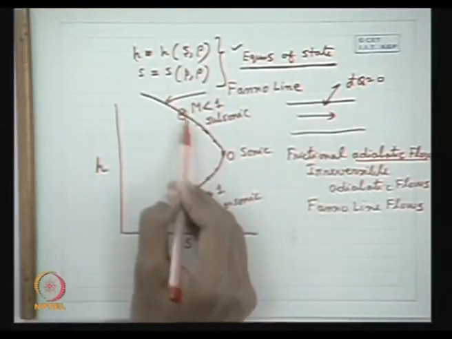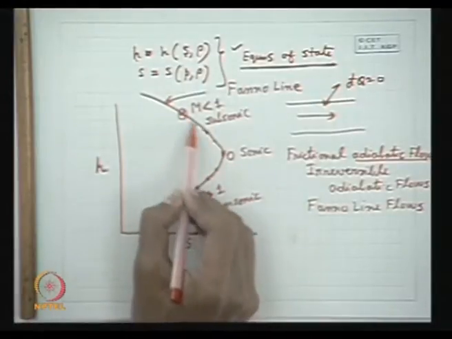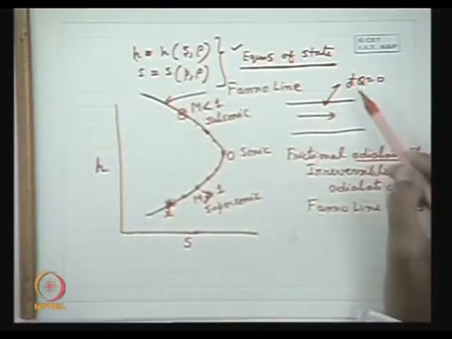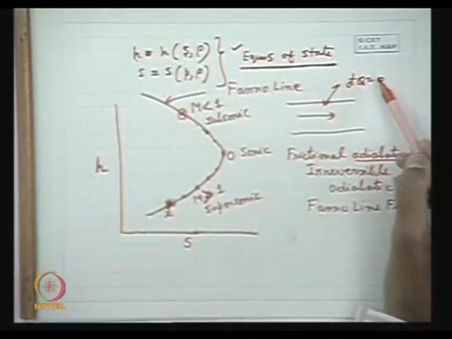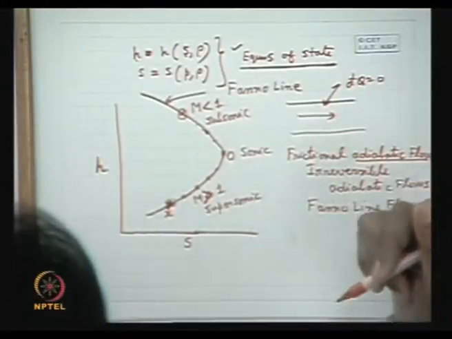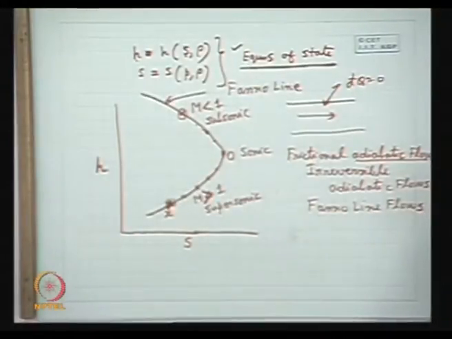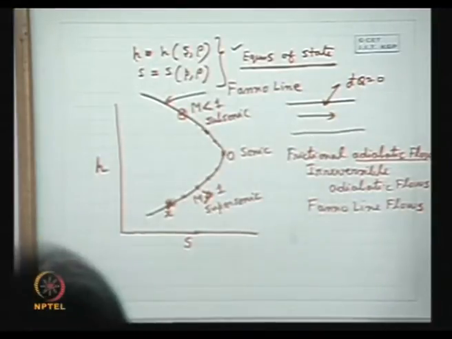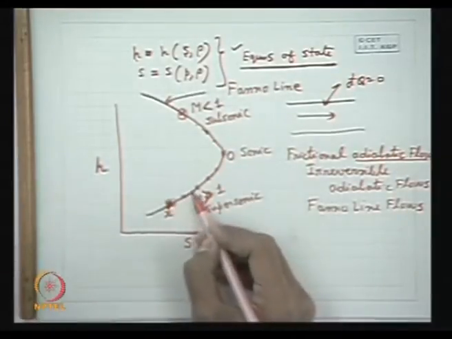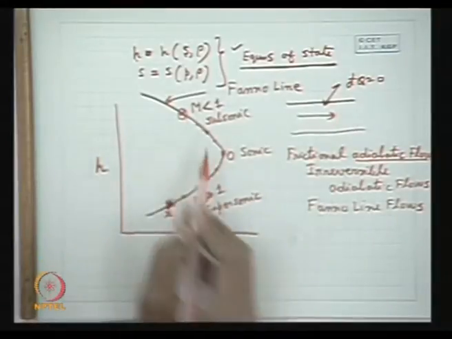The flow must take place in such a way that it increases the entropy of the system. Since the entropy change of the surroundings is 0 because of no heat interaction, the entropy change of the system corresponds to the entropy change of the universe. So to make the entropy change of the universe greater than 0, we must make the entropy change of the system greater than 0. So entropy will always increase, and the flow will take place along the right.